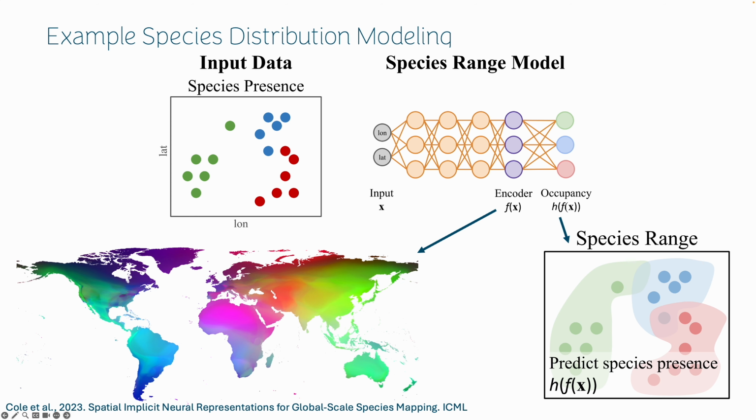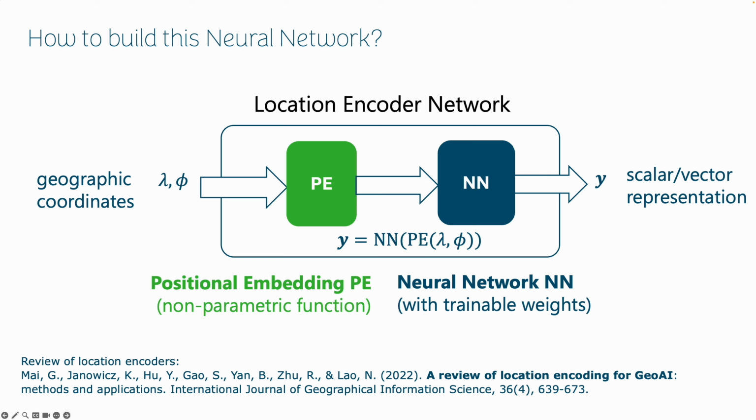So how can we implement this species range model, this neural network or location encoder network? At its core, it's inputting geographic coordinates and outputting a scalar or a vector corresponding to this geographic coordinate. And from the lessons learned in part 1, I think it's clear that a positional embedding is helpful. There are no trainable weights here.